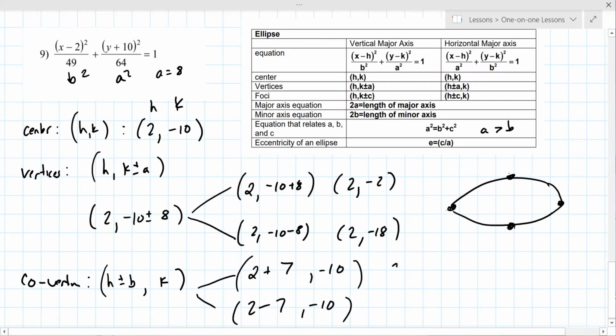Okay, so that becomes 9 comma negative 10, negative 5 comma negative 10. So a lot of these you can just write down. There's not really a ton of work that goes with it.